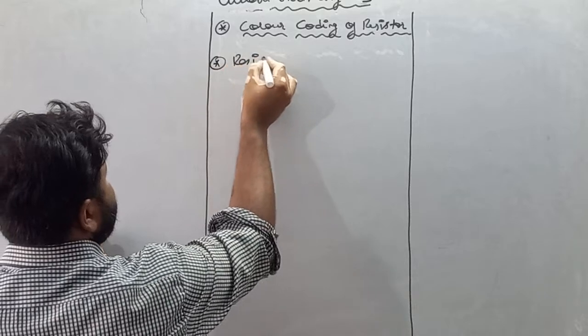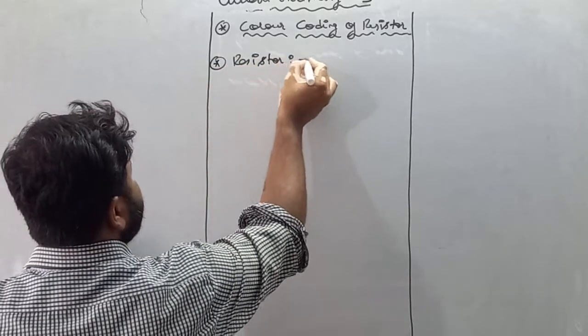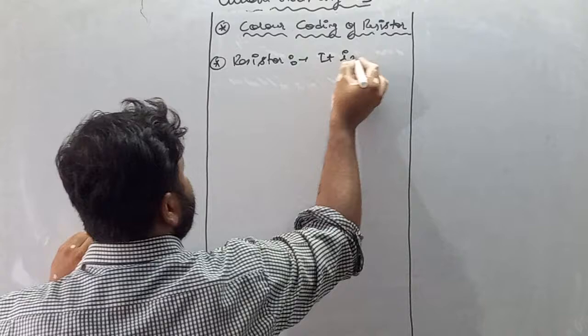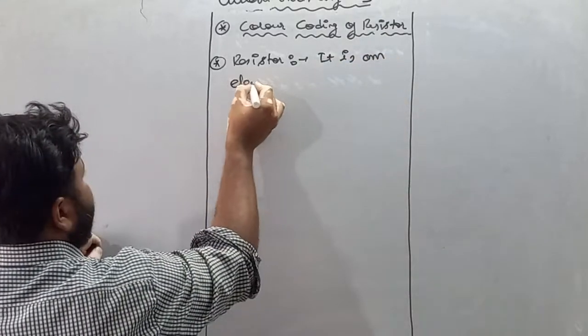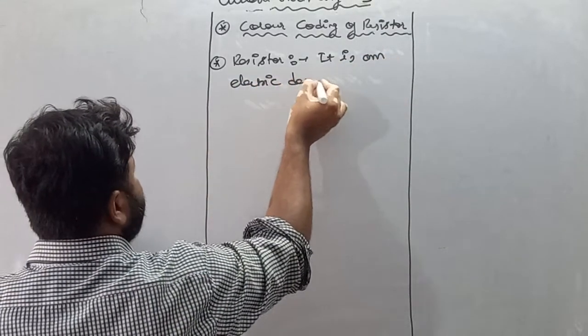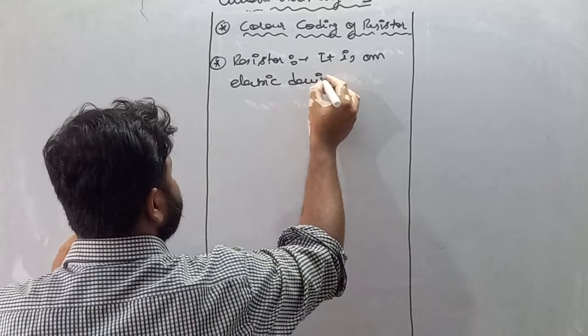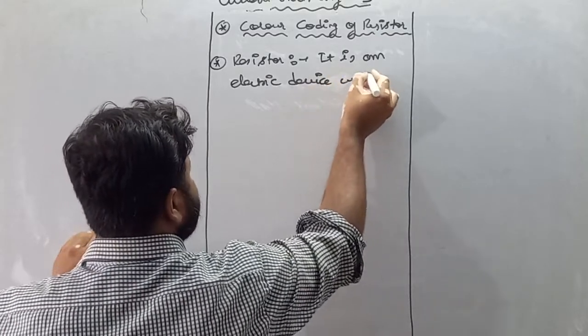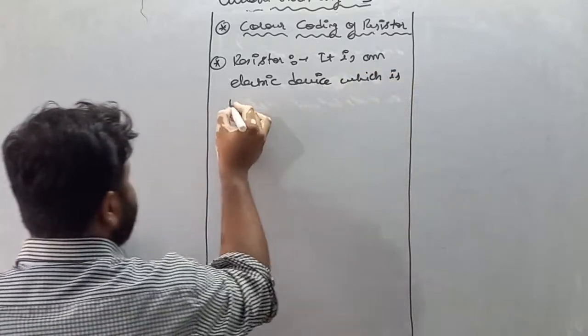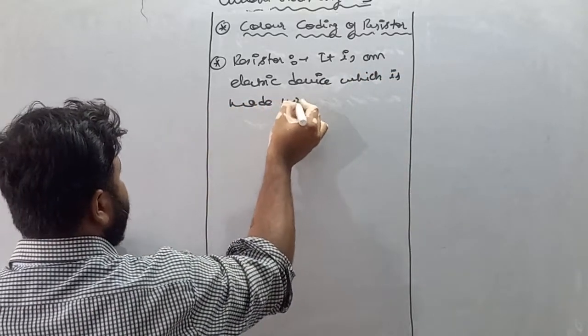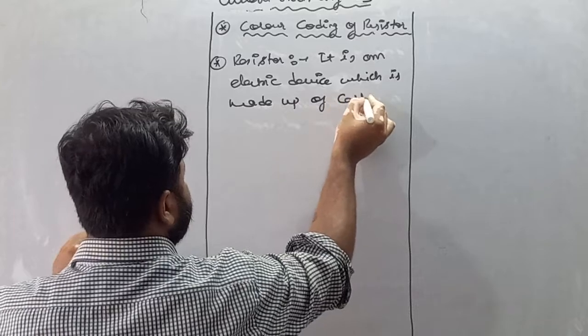So resistor, basically, it is an electric device which is made up of carbon.